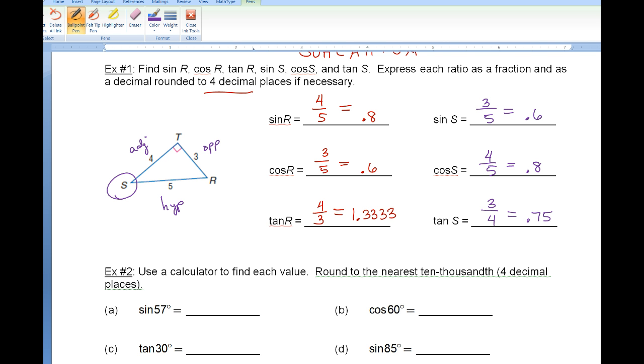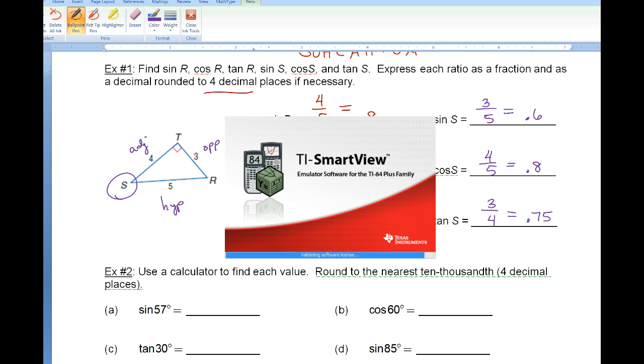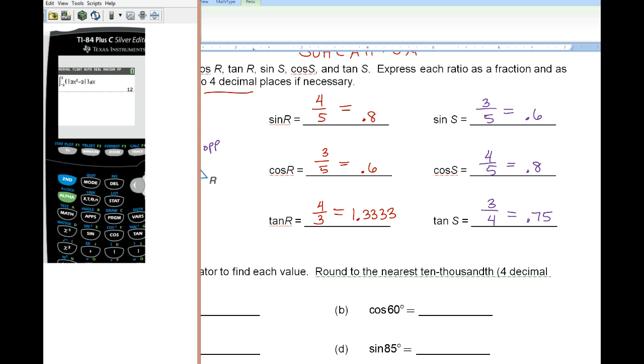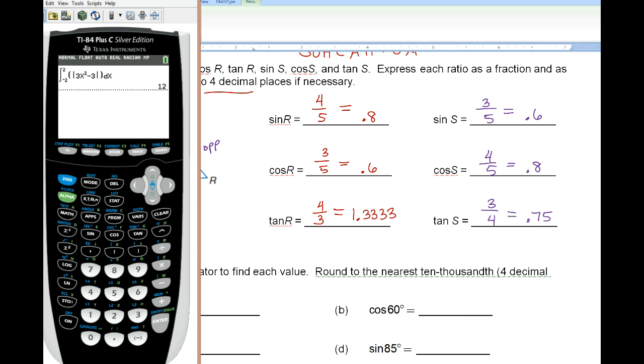Okay, now we get out our calculator. Depending on what type of calculator you have will determine, first of all, how you're going to find a particular mode. So let me just run through, for those of you that have the graphing calculator, there's a mode button here next to the blue second.